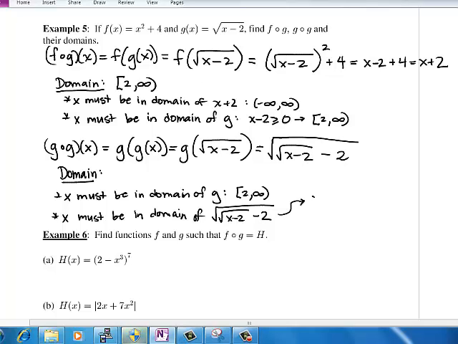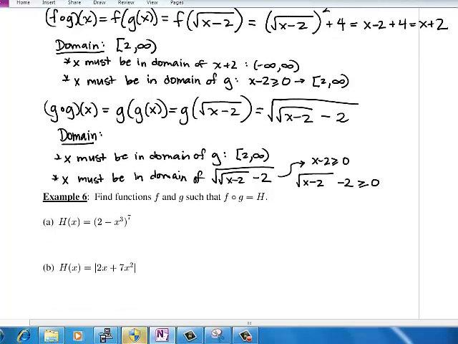So we need x minus 2 to be greater than or equal to 0, which we already took care of from g, and we also need square root of x minus 2 minus 2 to be greater than or equal to 0, which means square root of x minus 2 has to be greater than or equal to 2.